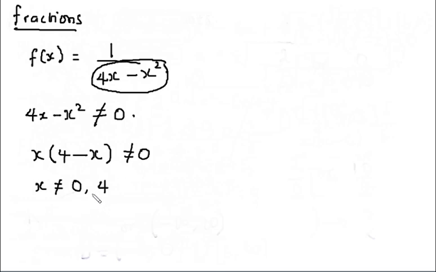To write this in interval notation form, let's say we have 0 here and then 4 here. So these are open points. Let's draw it properly.